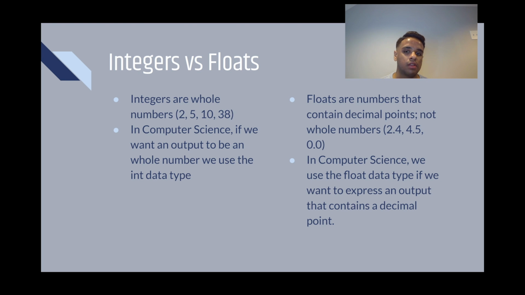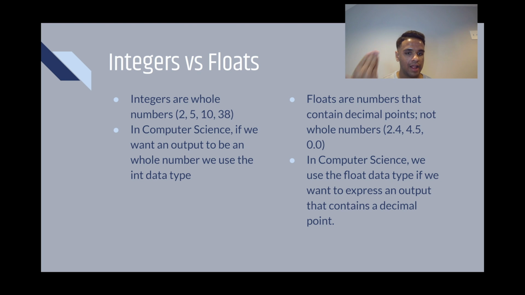For example, like 2, 5, 10, 38, integers are whole numbers. In computer science, if we want an output to be a whole number, we use the int data type, int standing for integers. Floats, on the other hand, are similar to integers, but they are not whole numbers. They contain decimal points. So for example, 2.4, 4.5, 0.0, those are all counted as floats.